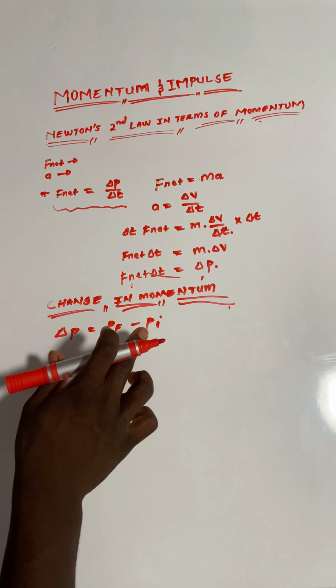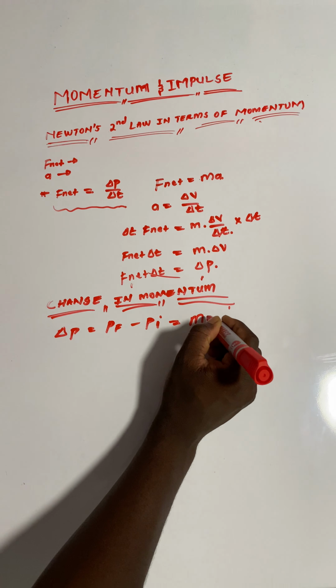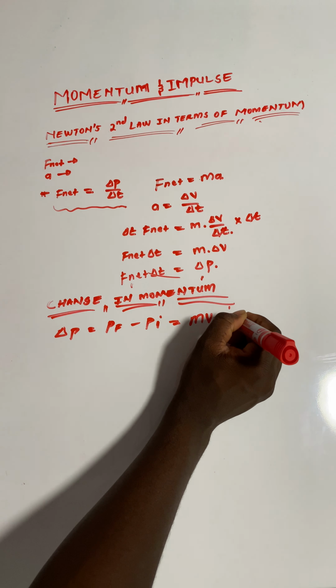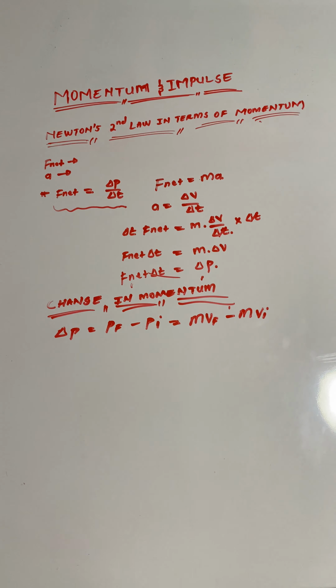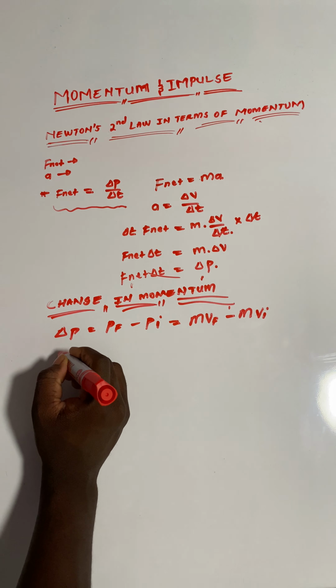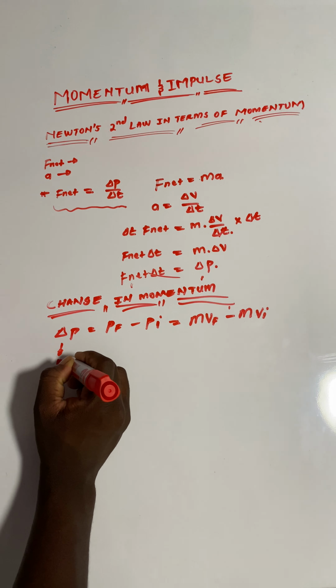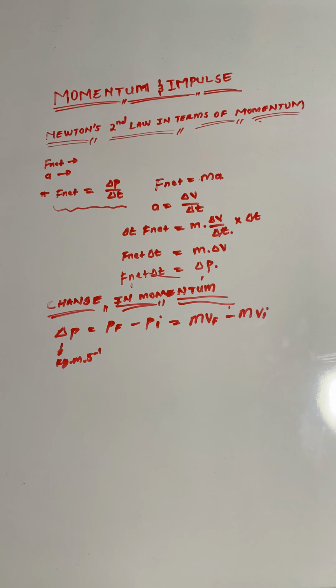M times V. So it goes on further: mv final minus mv initial, right? So that is the same thing. And change in momentum is also measured in kilograms per meters per second. So basically it's still momentum and it's still a vector quantity.